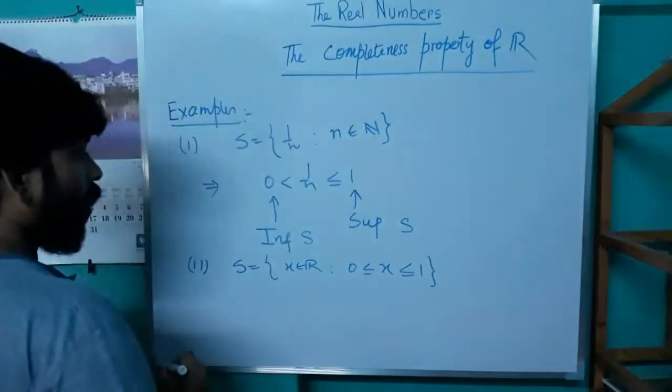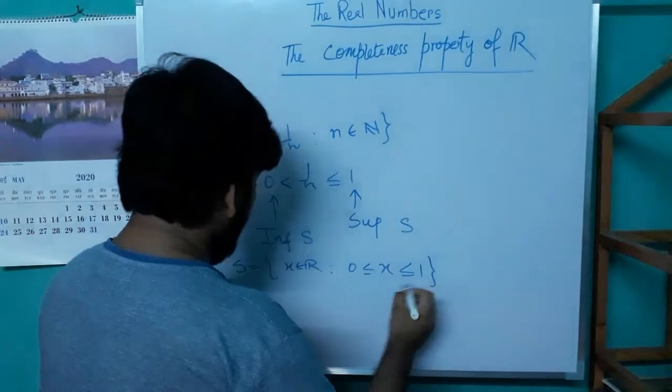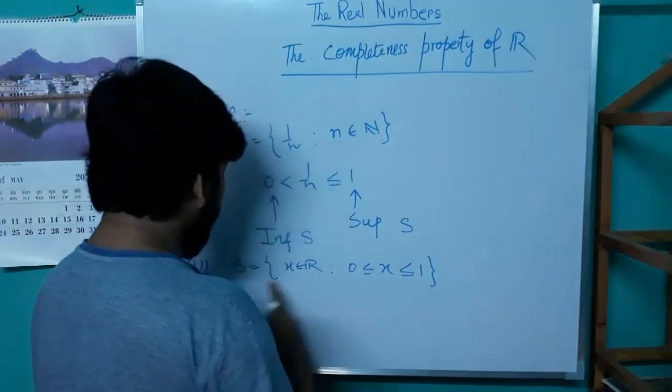So here 1 is an upper bound of S and 0 is a lower bound of S.